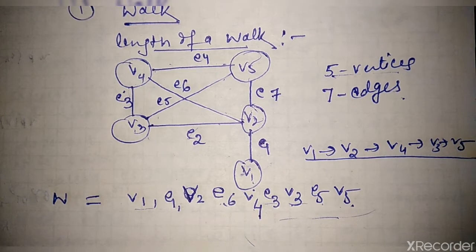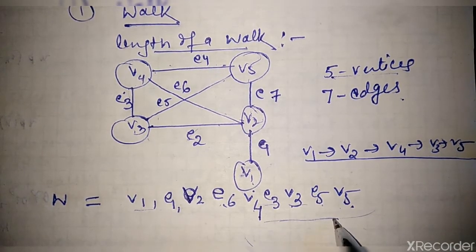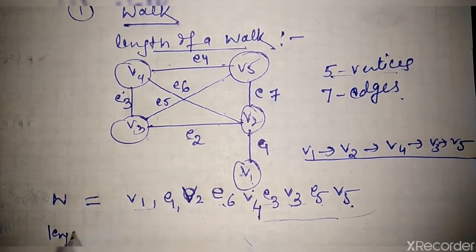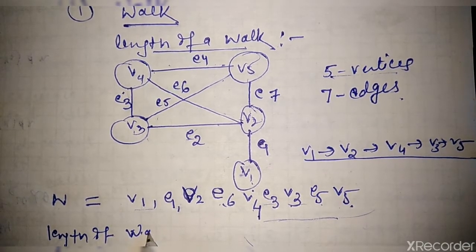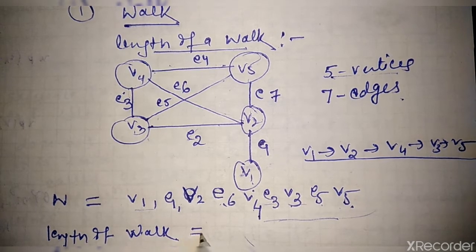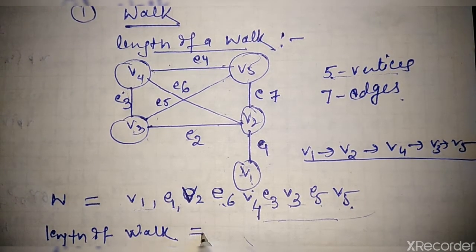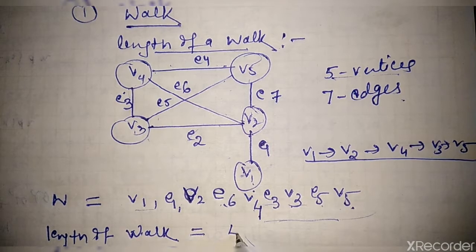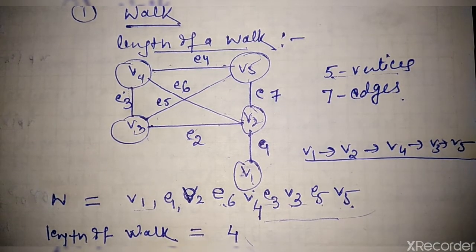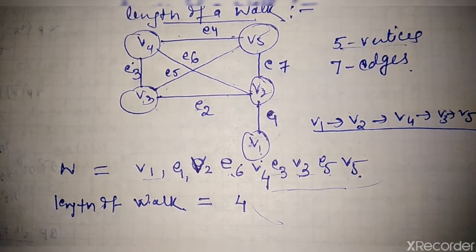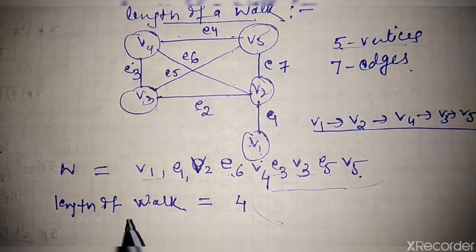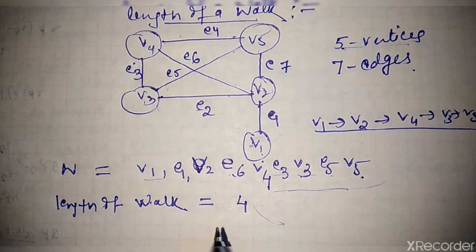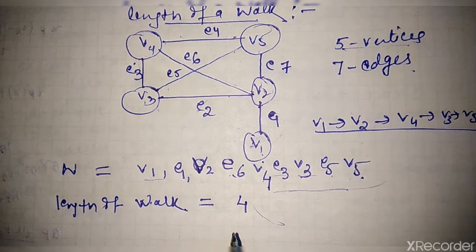Here the question arises, what is the length of this walk? The length of this walk is 4. Why is this 4? The length of the walk is the number of edges it contains, with repeated edges counted.